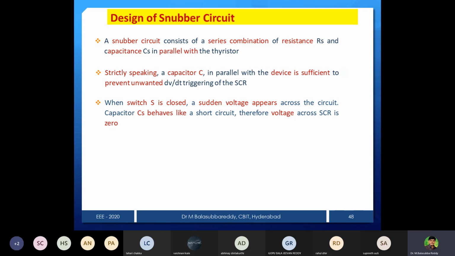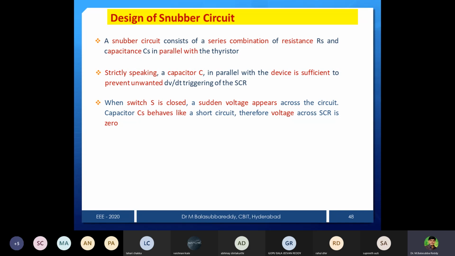To prevent that, we use one capacitor across the device, so that once we give the voltage or the switch is closed, automatically the capacitor will act as a short circuit, and the voltage is very small or 0, the same as the voltage across the switch. But later on, the capacitor is gradually charging.